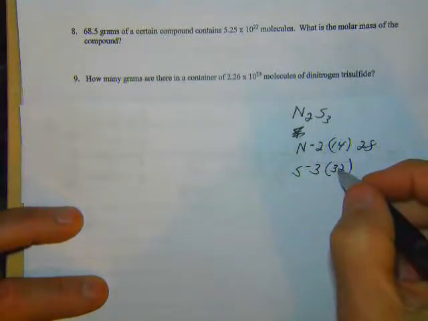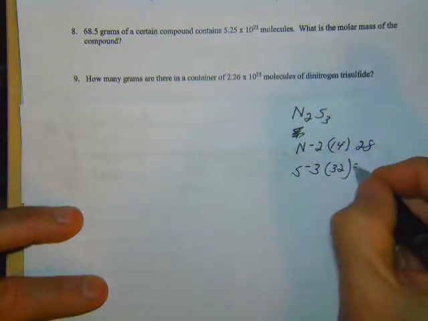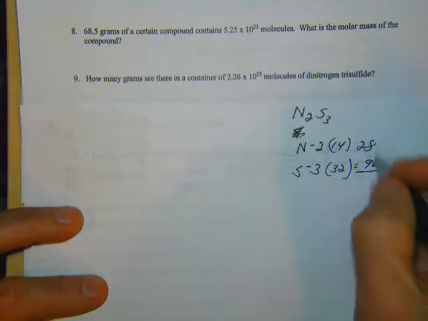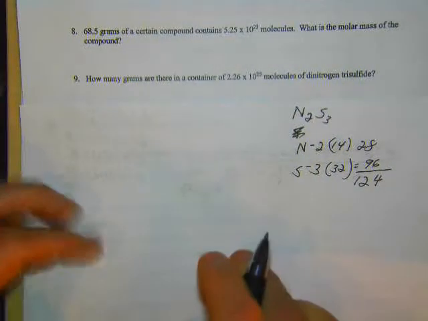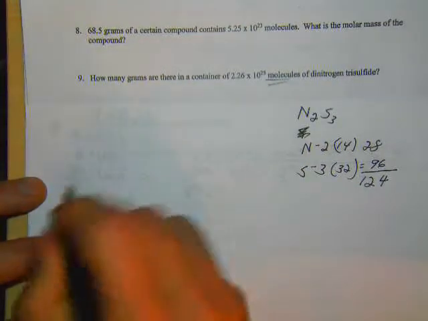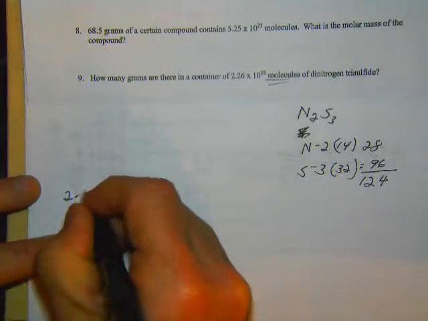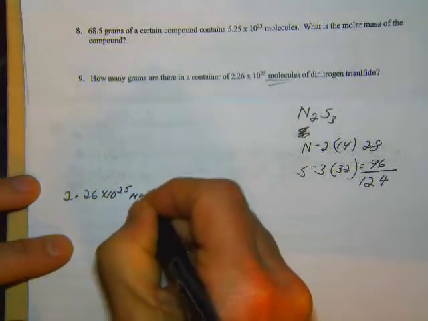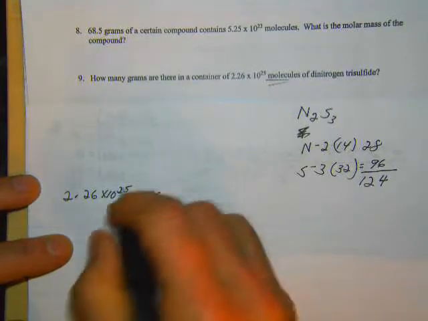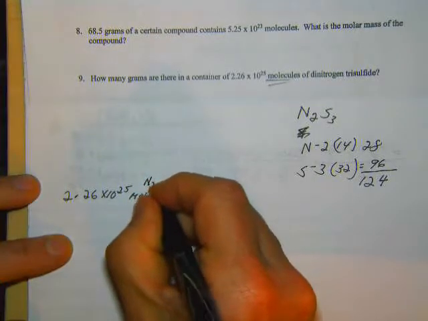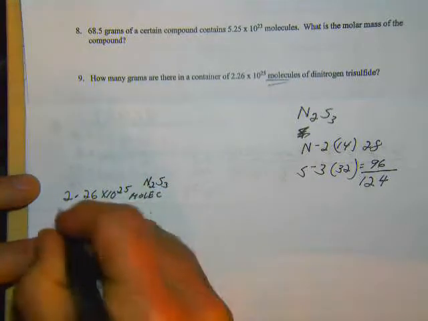32 times 3 equals 96. And if I add that together, 96 plus 28 should be 124. Alright, so we can start the problem. We got that many molecules. So we have 2.26 times 10 to the 25th molecules of dinitrogen trisulfide, N2S3, all over 1.